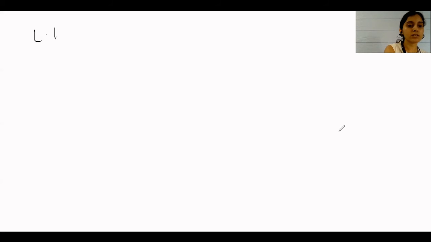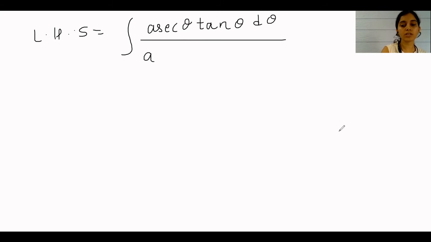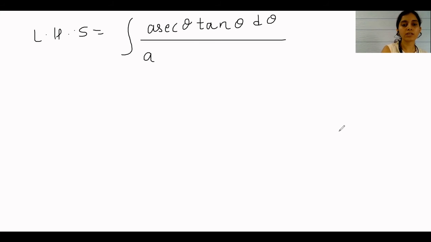So LHS is equal to integration of a sec theta tan theta d theta divided by a common outside. Now what is left in the bracket? It is sec square theta minus 1, which is root of tan square theta, that is tan theta.